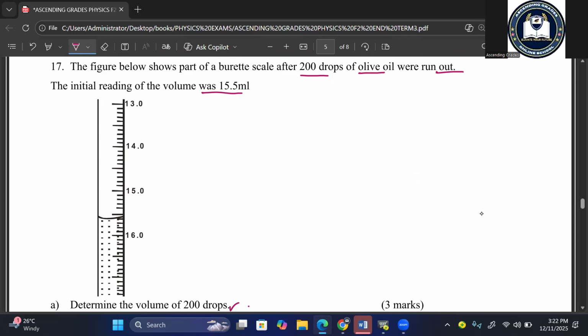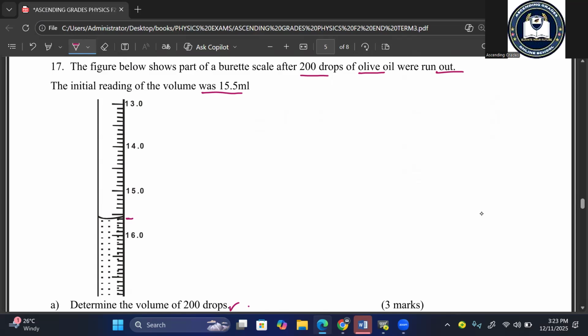You can see we are having a final reading. So we must first check the scaling. If this is 15, 15.5, 16, we read at the meniscus. So this is 15.6.